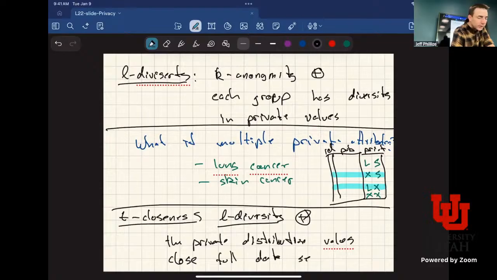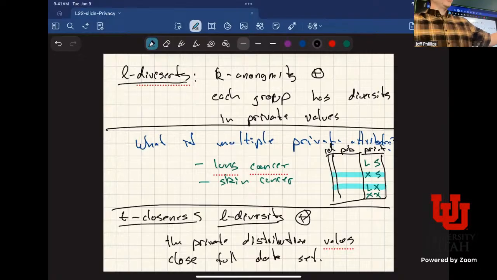So now I need to measure some sort of distributional notion, looking at the distribution in the set versus the full distribution. Every private group must have some fraction of people who have skin cancer and some fraction who don't, some fraction who have neither skin cancer nor lung cancer and some fraction who do. And that should match the general population. Okay, this should be safe to release.